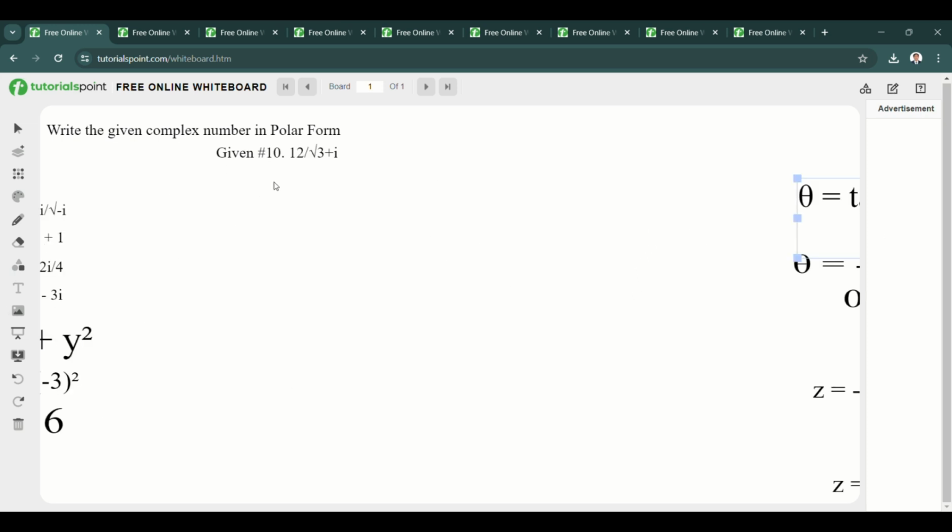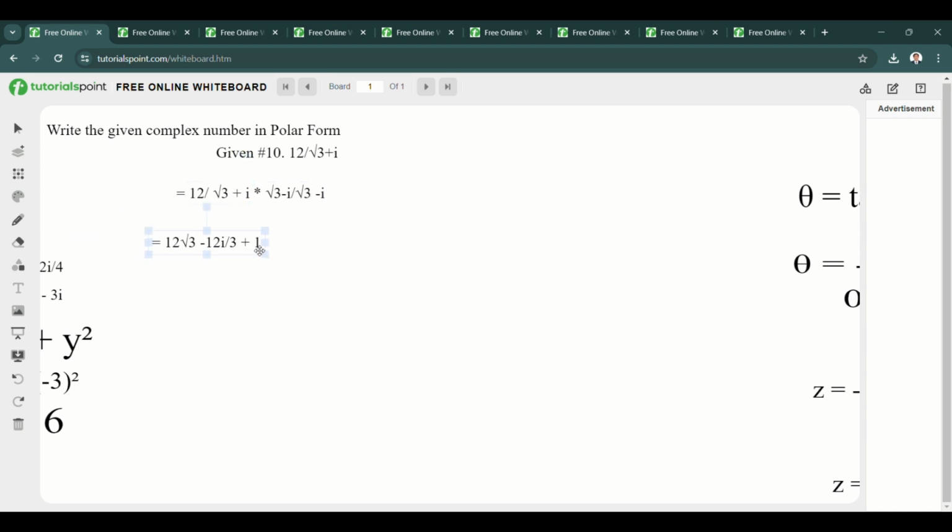Then for the last number to transform into polar form, it is also similar to number 9, which is not in the form of a plus ib. So we have this equation, which is 12 over square root of 3 plus i, times the opposite of this denominator, which is square root of 3 minus i over square root of 3 minus i.